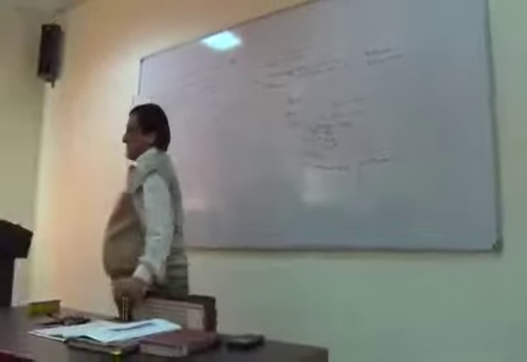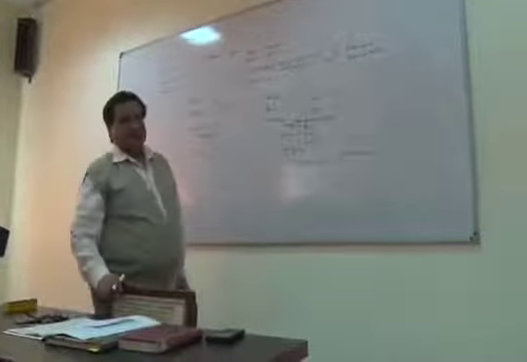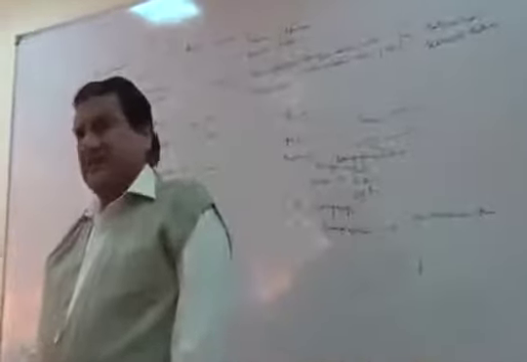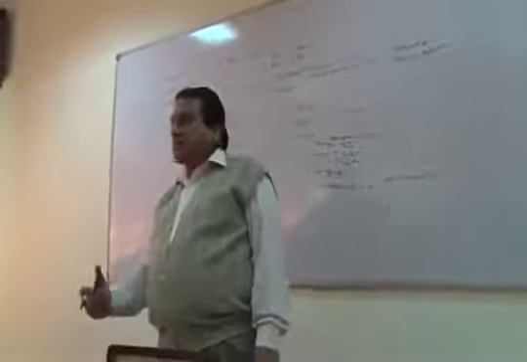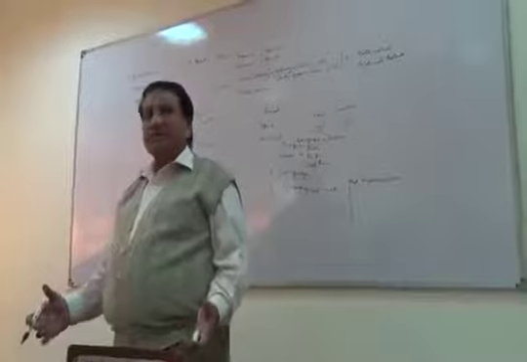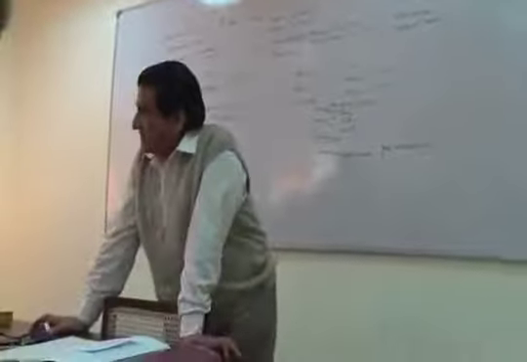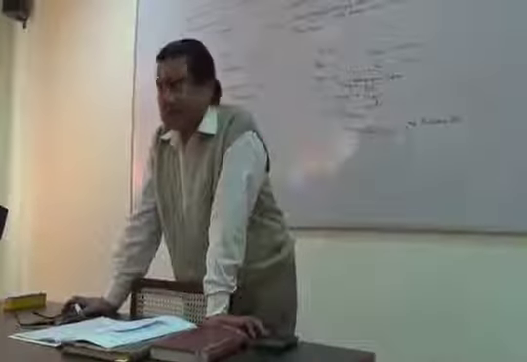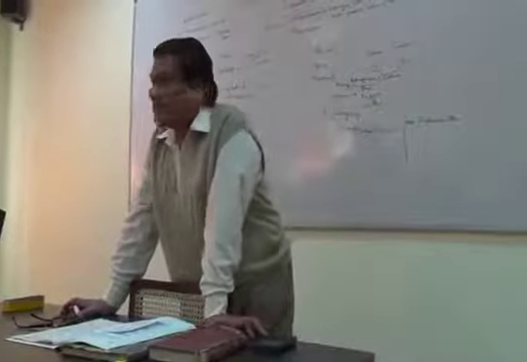How is a law formed? When something is consistently observed, it becomes a law. When you throw something up and it comes down, then you say there is a gravitational pull, so it becomes the law of gravitation. Likewise, all other laws, like Archimedes' principle.